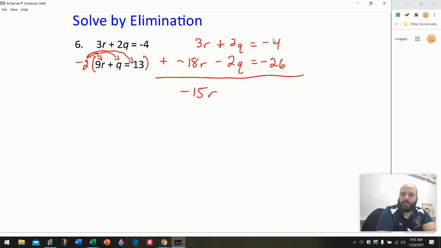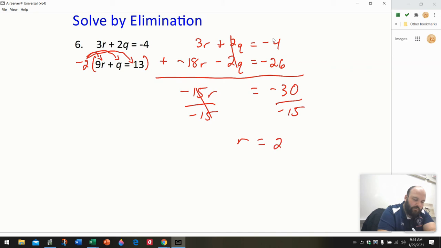And then I have 2 plus negative 2. That is 0, so that cancels. And then I have negative 4 plus negative 26 gives me negative 30. Now, after we get that, we're going to divide both sides by negative 15. And we'll get r equals 2.